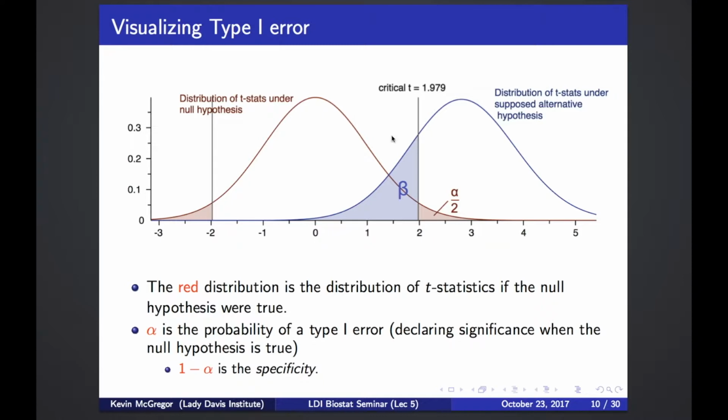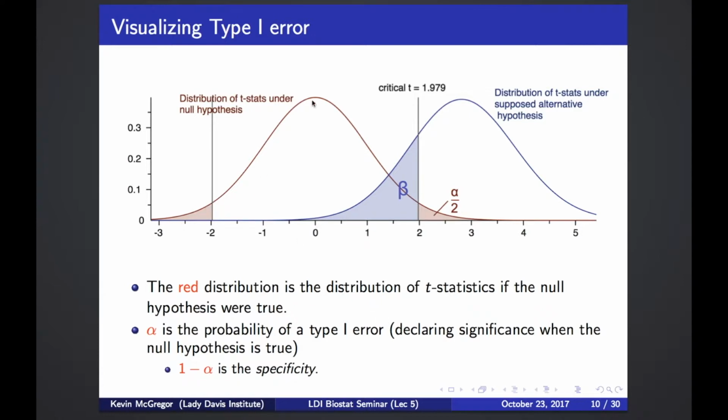So as I said, we have our red distribution, which is the distribution of t-stats under the null. Alpha is the probability of our type 1 error. Here I'm doing a two-tailed test, so it's really alpha divided by 2 on either tail.